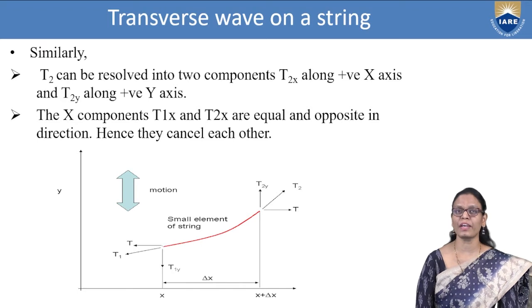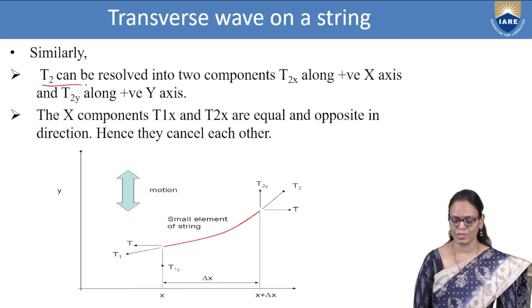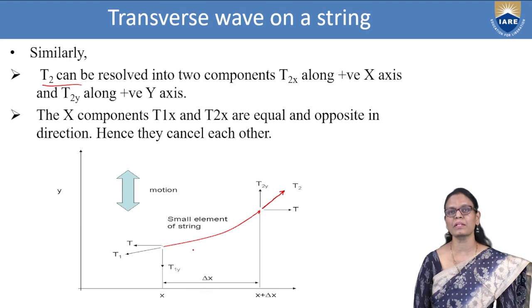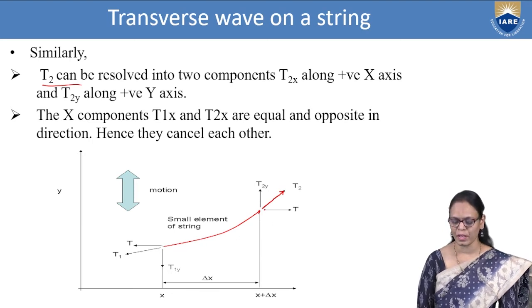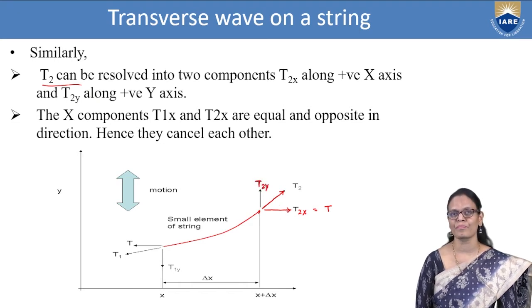In the same way, T2 can also be resolved into two components. So this is our T2, which is drawn at the end of the string. This also can be resolved into two components, T2x and T2y.